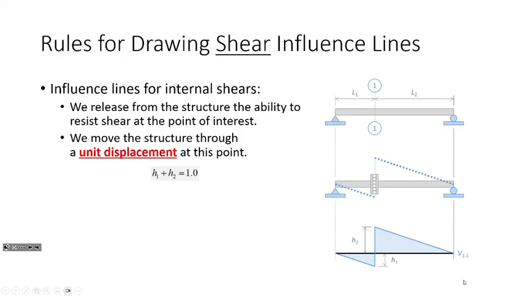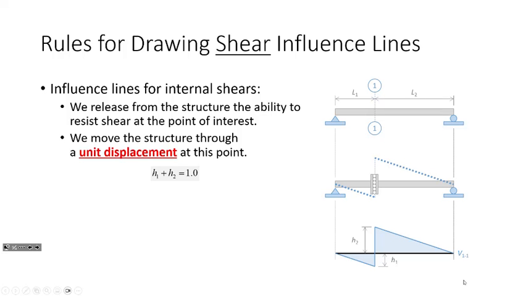So what that means is that we've got to displace it such that this side goes down and this side goes up. We're putting the left side down and the right side up because that follows our sign convention. So this is what our displaced shape looks like at the end. Now we're moving it through a total unit displacement. So this entire distance is 1. That's the total displacement.